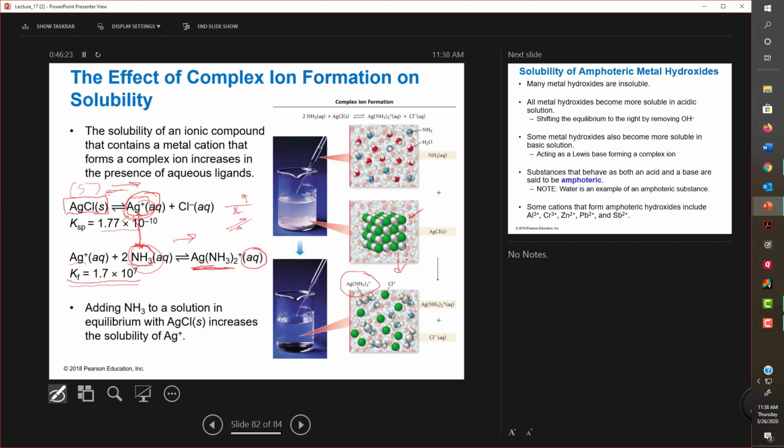Neat stuff. It's a chemistry in itself, and it can also be used to help separate different ions. So usually we think of it as a problem because you try to collect the silver chloride, and all of a sudden your silver chloride is just dissolving away because you added too much ammonia.